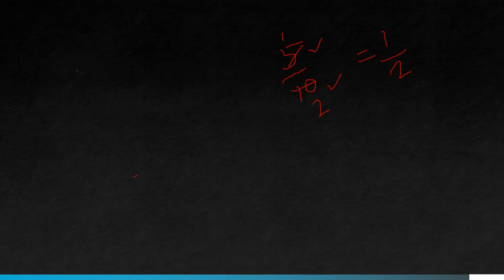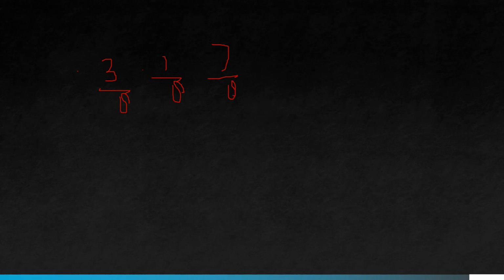Okay, so there are various types of fractions. The first is the like fraction. So what is a like fraction? For example, we have 3 upon 8, 1 upon 8, 7 upon 8, 5 upon 8.